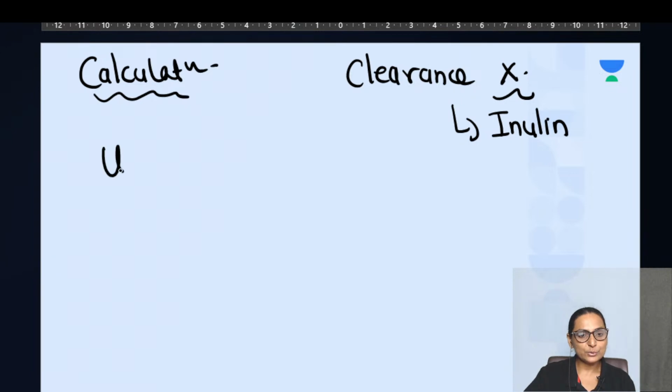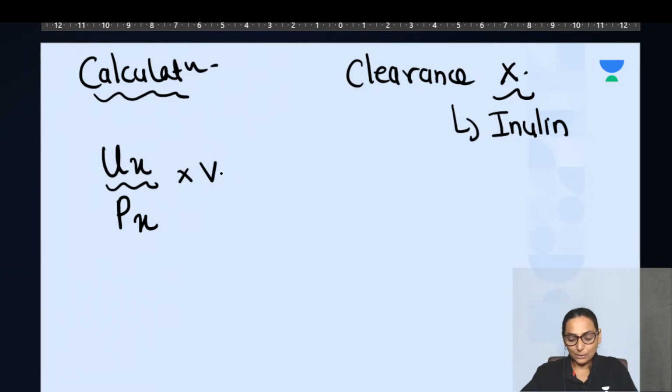It is urinary concentration of a substance divided by plasma concentration of a substance into urine flow rate. Right? So urinary concentration divided by plasma concentration into urine flow rate. Now, it is very important to understand that the units of this urinary and plasma must be same.